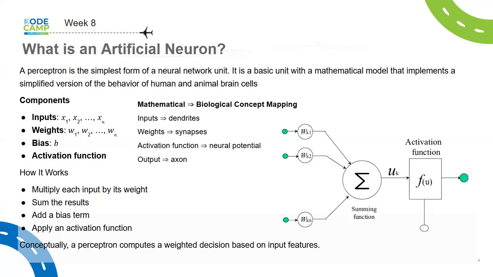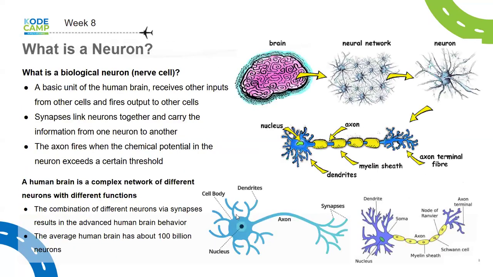But you could still see that concepts were actually mapped. So, for example, the inputs: in the biological concept, we have dendrites as the inputs. That's the point of connection to a previous neuron, right? So the dendrites form the inputs. Right here, they receive the connection from others.